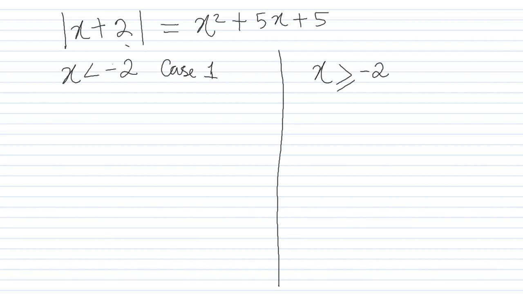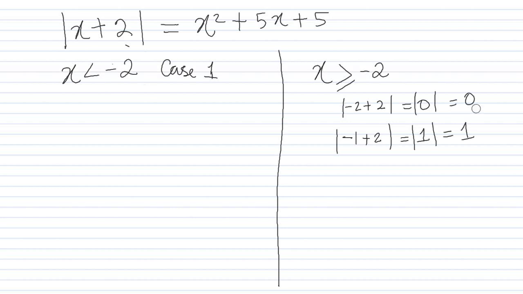Because if it is equal to -2, -2 plus 2 is just 0. If it is greater, say -1 plus 2, that is 1. And the absolute value of that is just going to be 1, just like the absolute value of 0 is going to be 0.